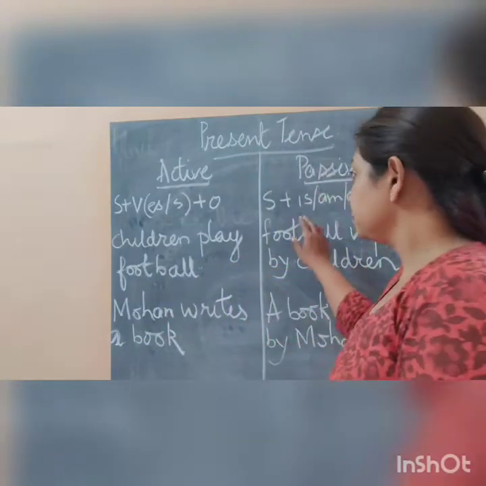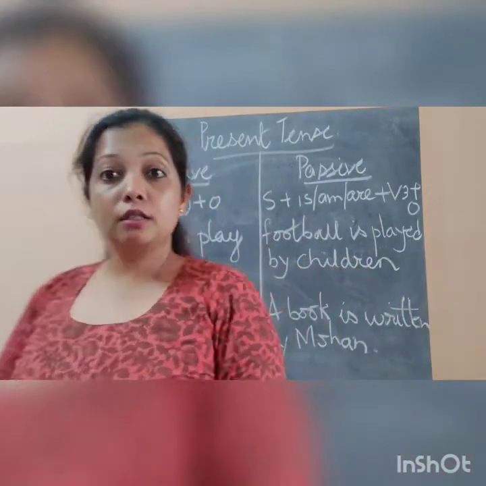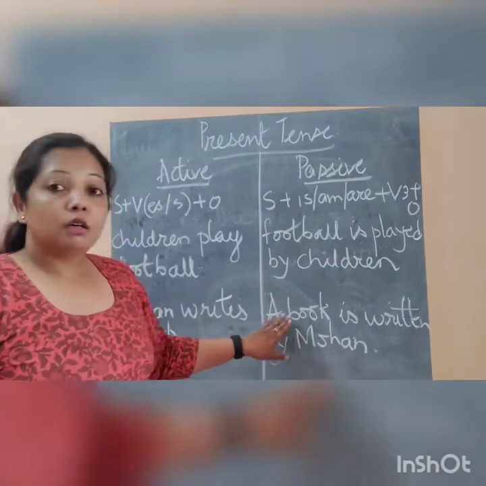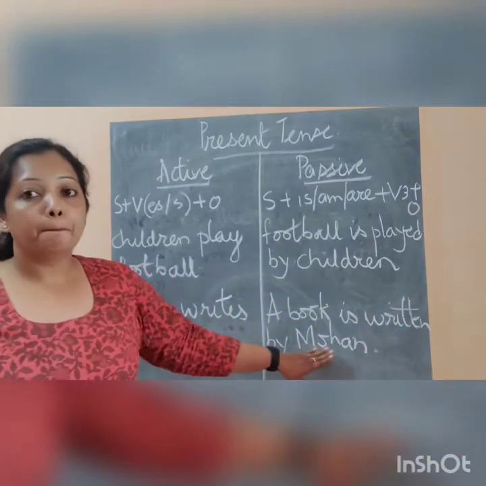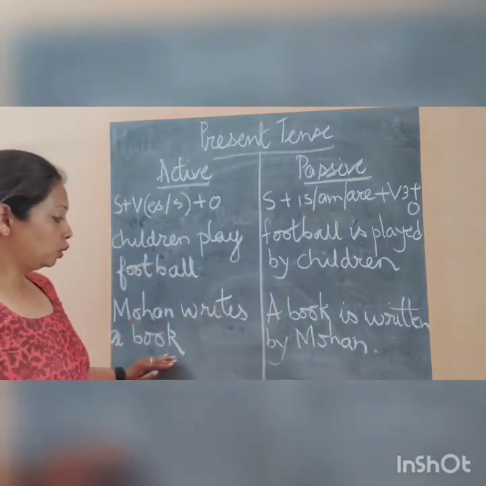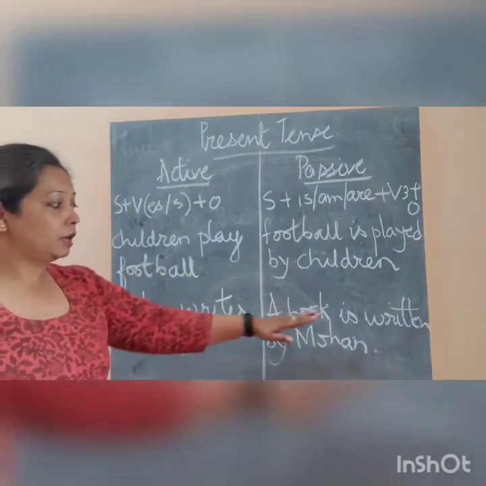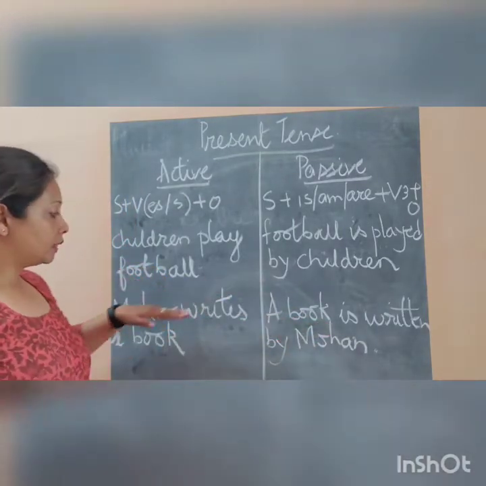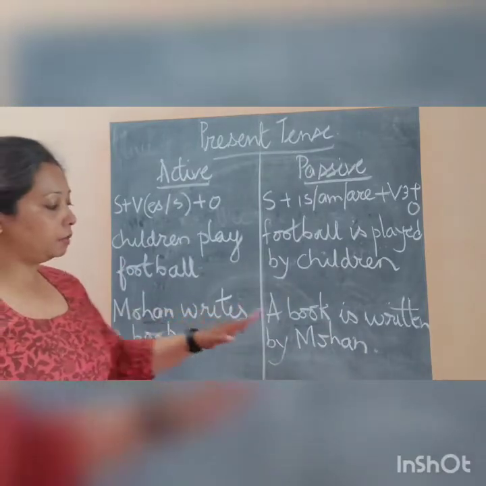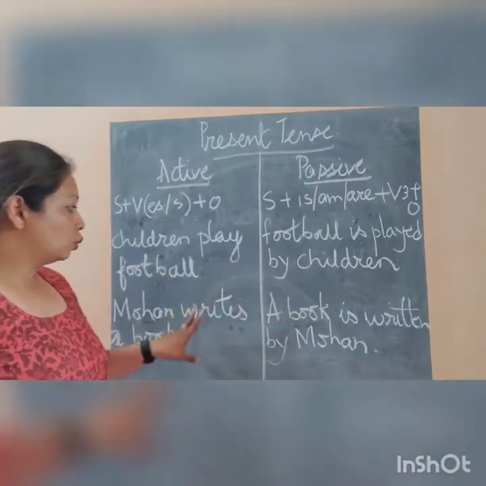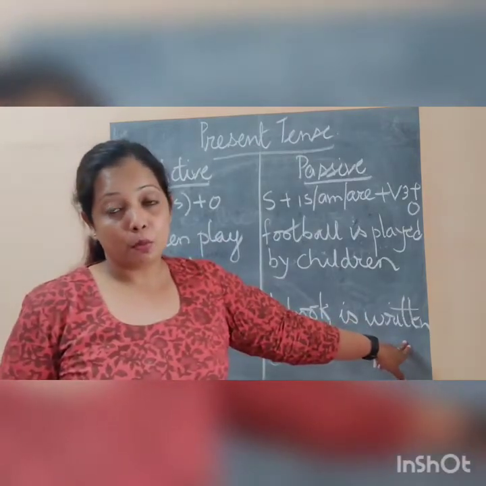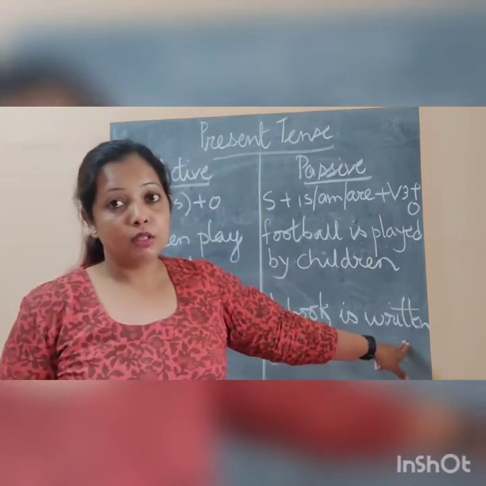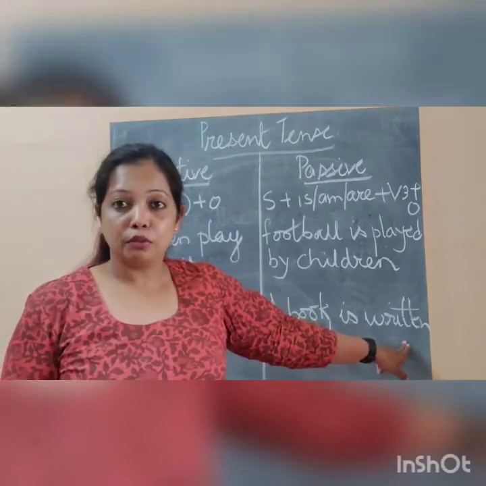Now see here how we change it to passive voice. A book is written by Mohan. So the object became the subject, the subject became the object, and the verb is changed into the past form, written. Okay, the past form of the verb.